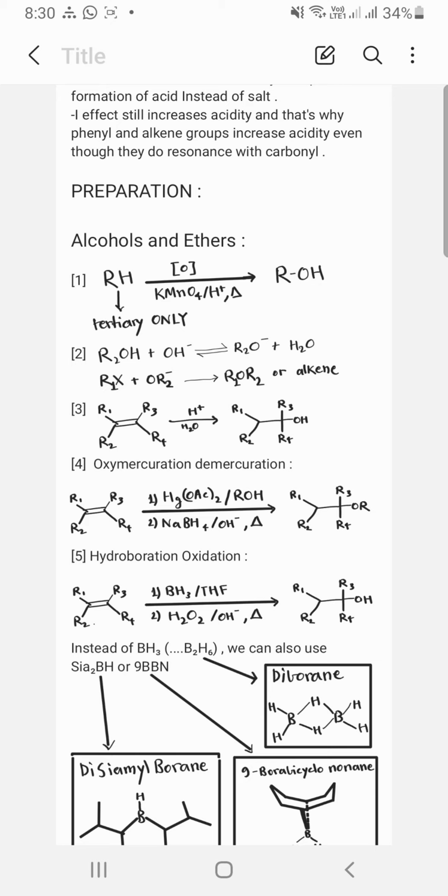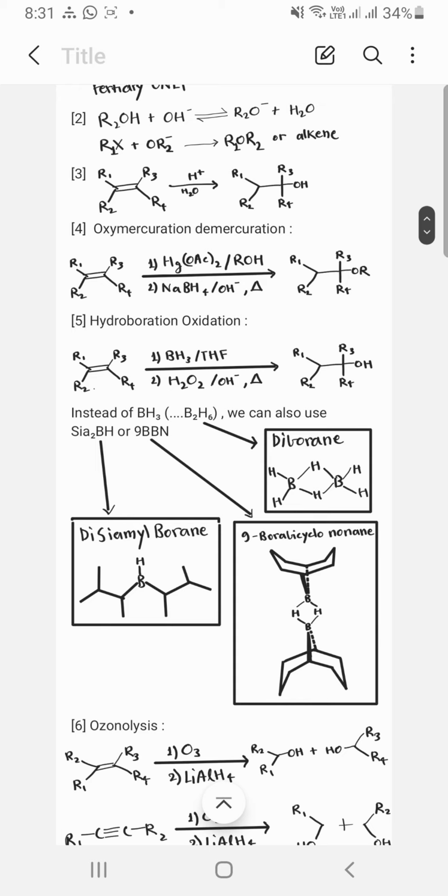So only tertiary alkanes can be converted to ROH. KMnO4, H plus, heat, so hot KMnO4 basically. Fine. 2H plus, OH minus gives this guy. These mechanisms are okay, we can do it. This is just normal acid addition.